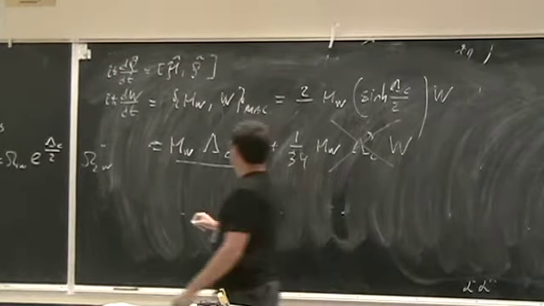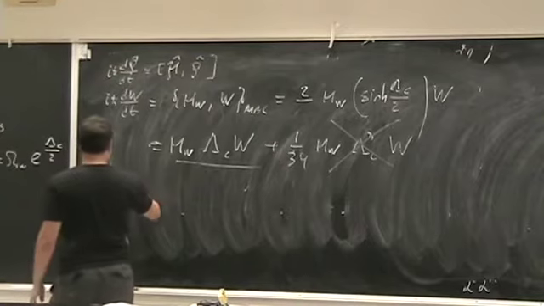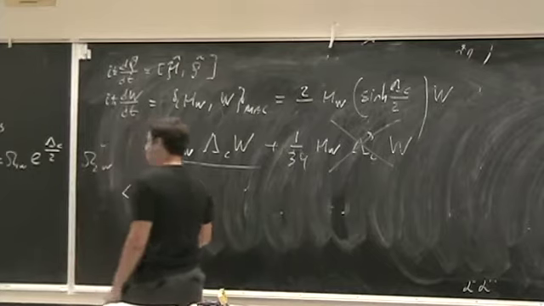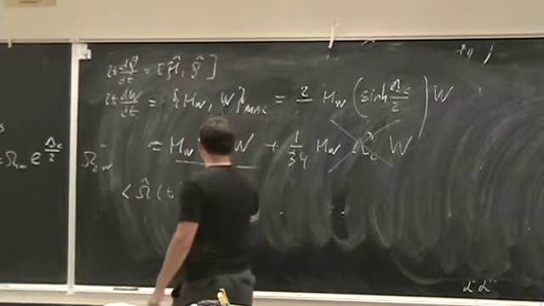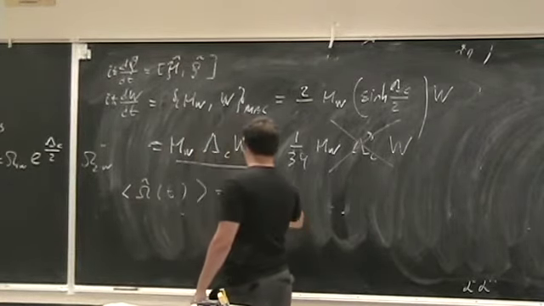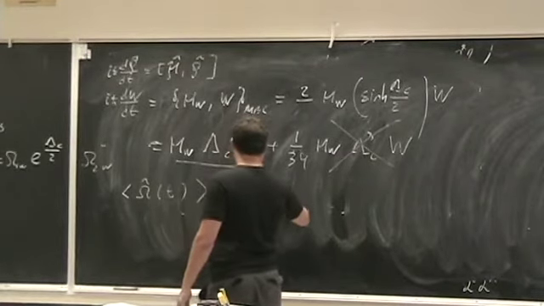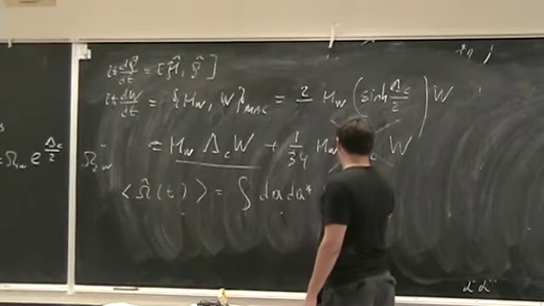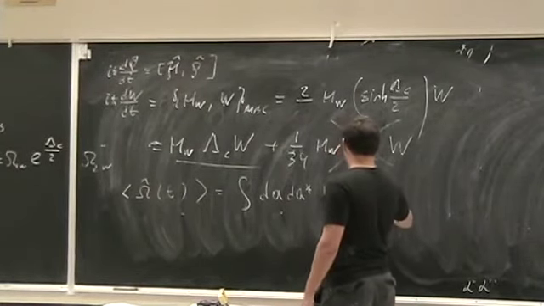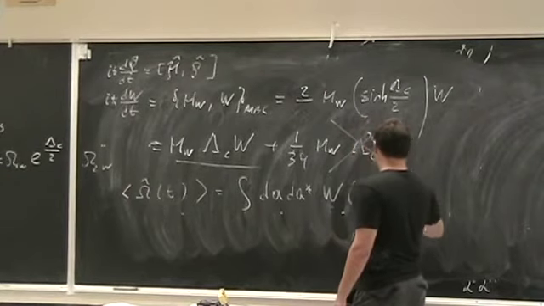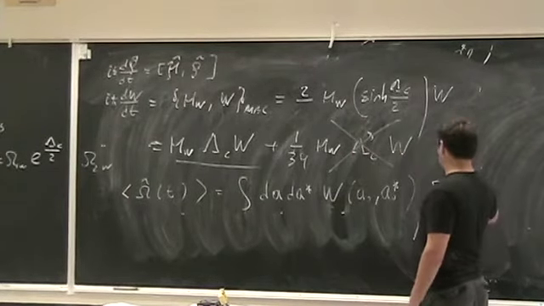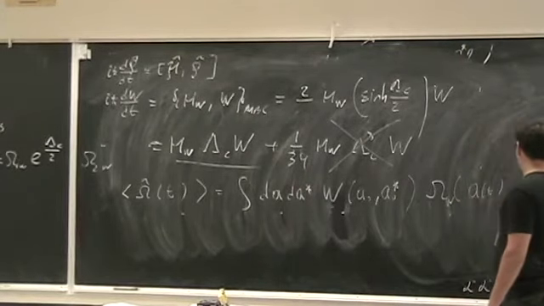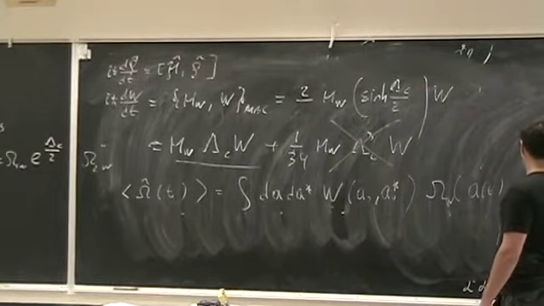So we immediately can write that the expectation value of any operator, omega, which now depends on t, will be just an integral over my phase space variables, w of a naught star, omega of a of t, a star of t.